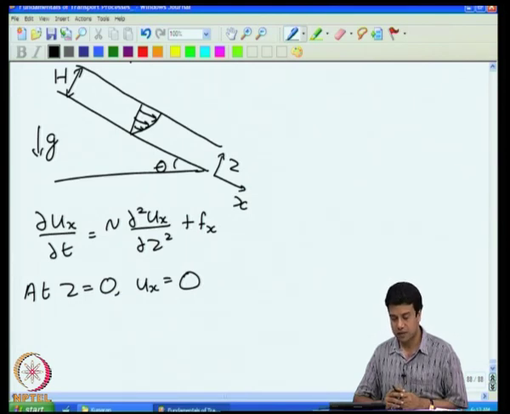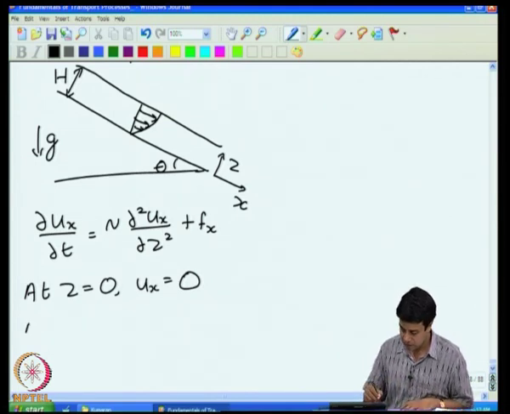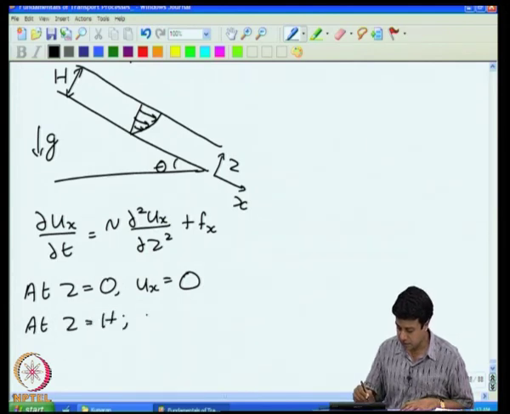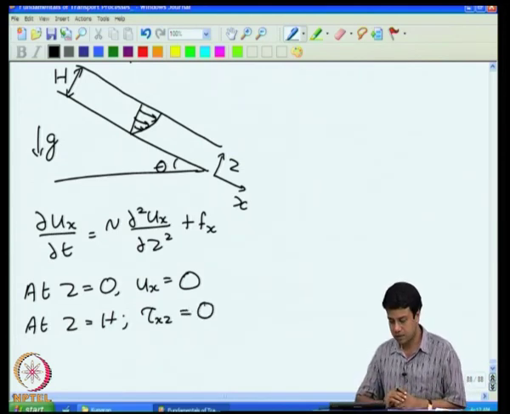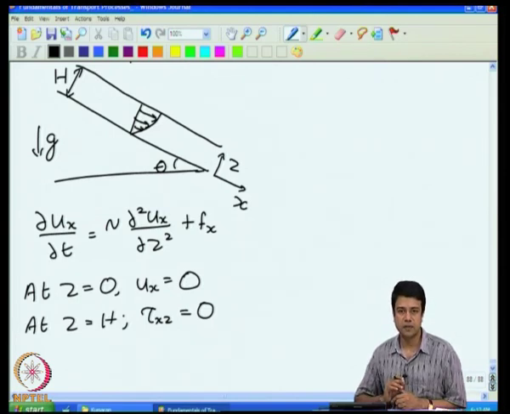Therefore, at the free surface itself, since the viscosity of the gas is small, the shear stress exerted by the gas is small. At the interface, you require continuity of stress between the liquid and the gas. That means that at z is equal to h, you require that the shear stress in the liquid go to 0, because the viscosity of the gas is small compared to the viscosity of the liquid.